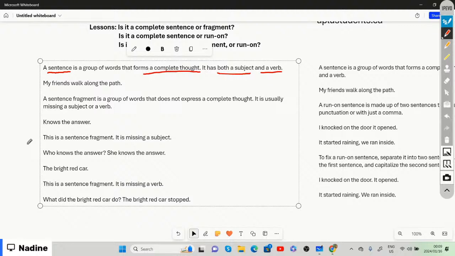For example, it says, my friends walk along the path. If we try to identify the subject as well as the verb within that specific sentence, because we need to identify if it's a complete sentence, then my friends is the subject, and walk is our verb.